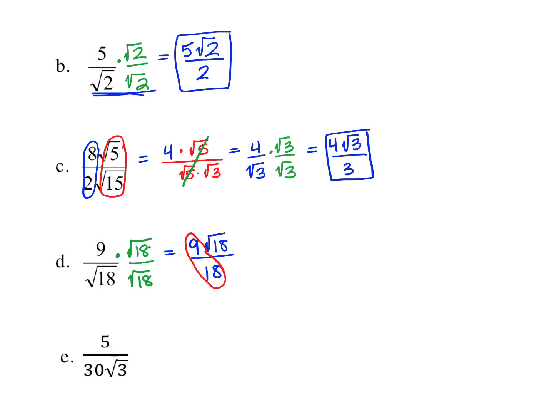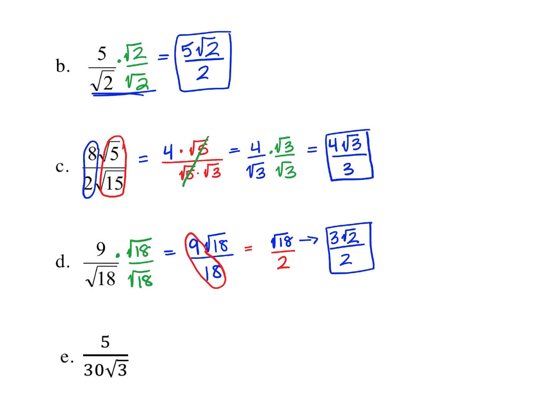So the bigger number is on bottom, right? So we have 9/18. That's like 1/2. So there's going to be a 2 on bottom and square root of 18 on top. Okay? Now we can simplify the square root of 18. The square root of 18 is the square root of 9 times the square root of 2. And the square root of 9 was 3, so 3 root 2 over 2. So that one might have been on your cheat sheet.